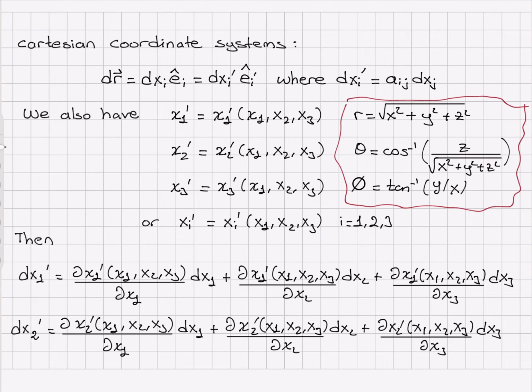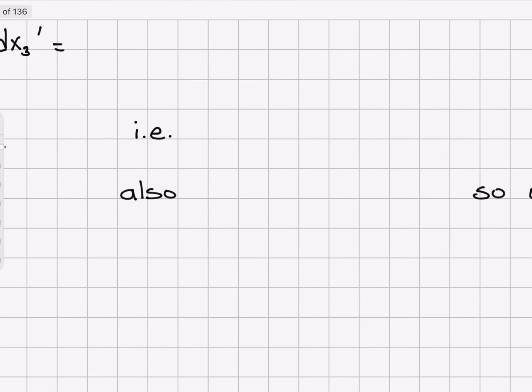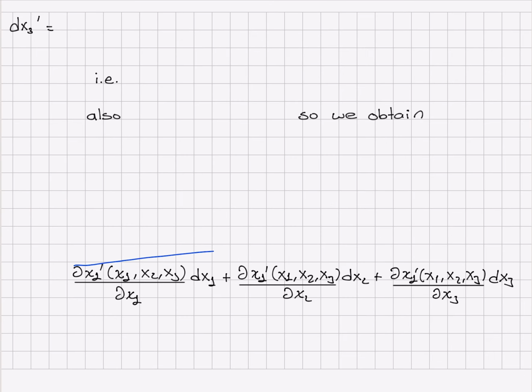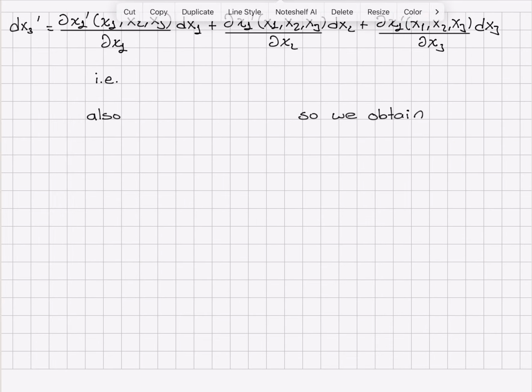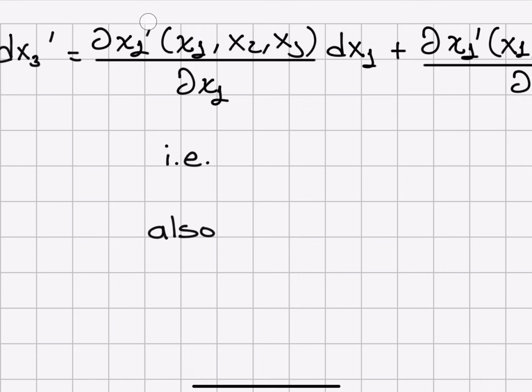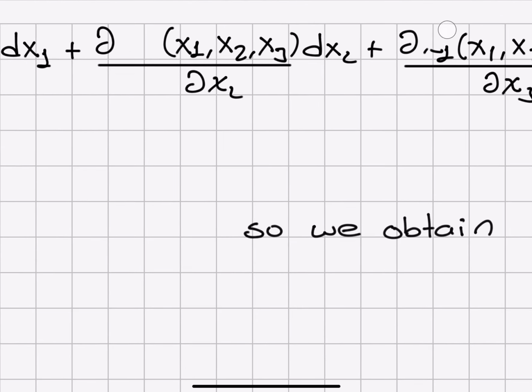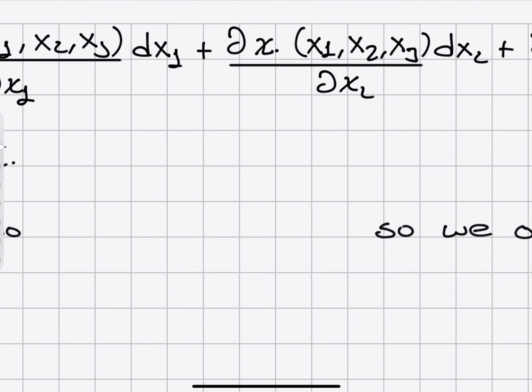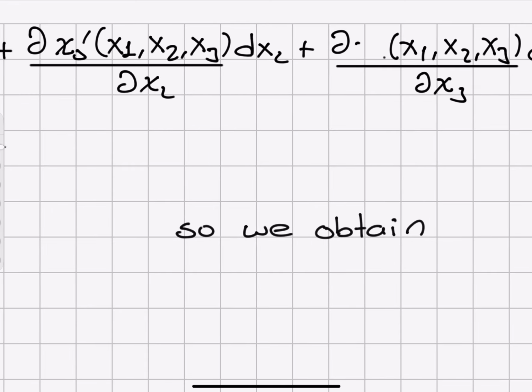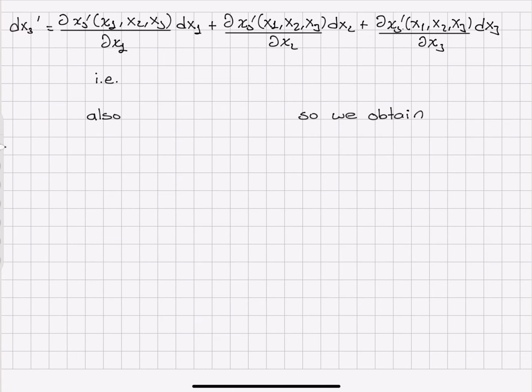And the same thing will happen for x3 prime. Now I'm taking partial derivatives of x3 prime: del x3 prime del x1, del x3 prime del x2, and del x3 prime del x3.